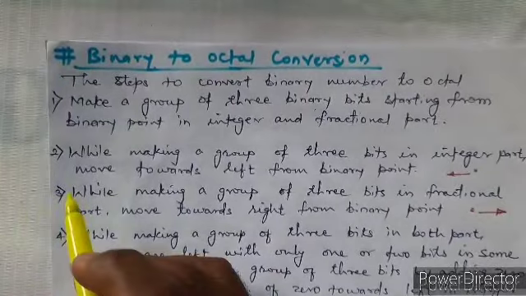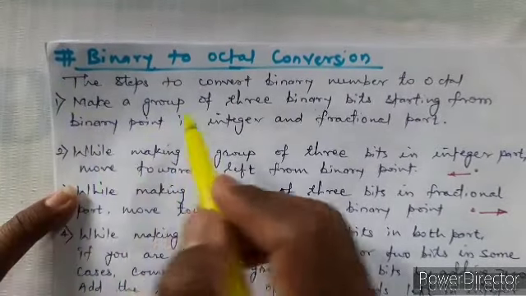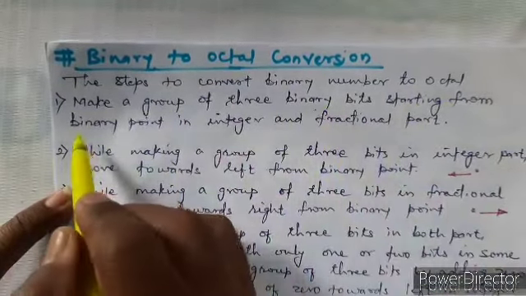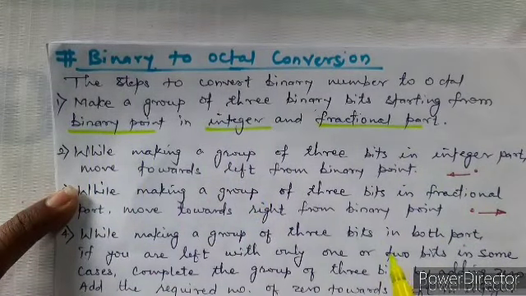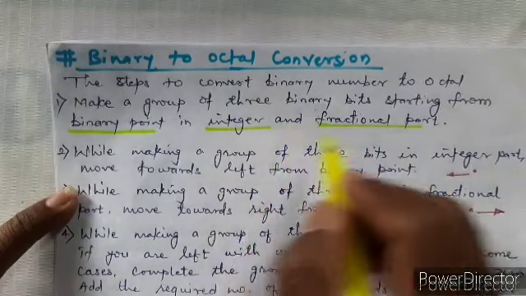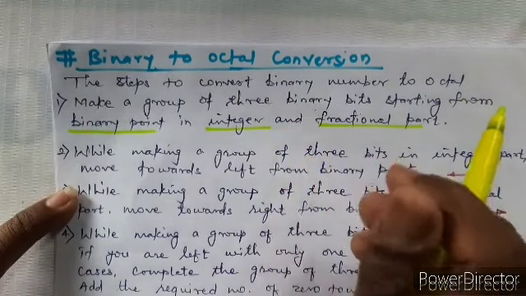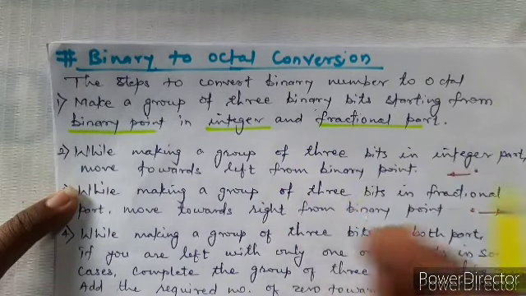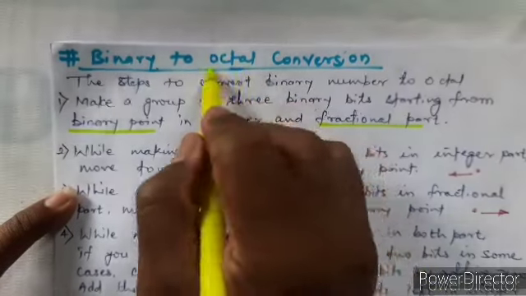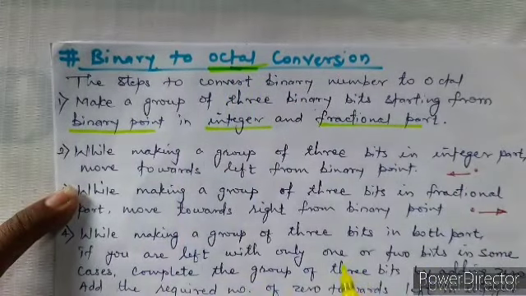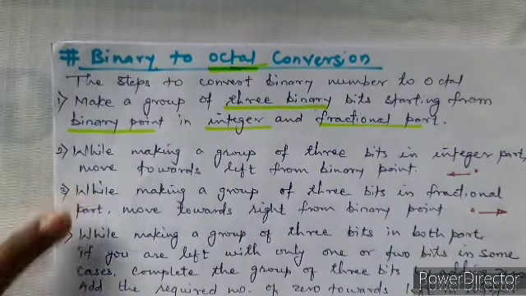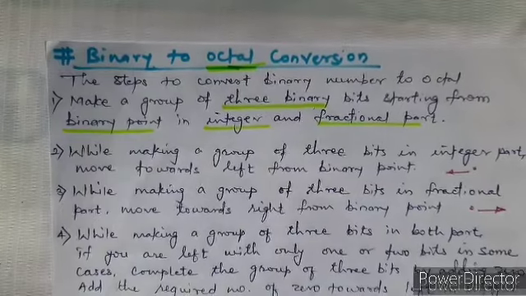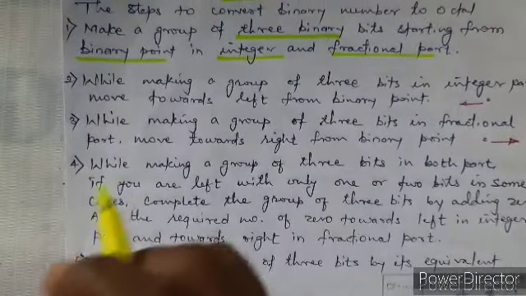First step is to make a group of 3 bits starting from the binary point in the integer and fractional part. Now if a binary number is given, you have to make a group of 3 bits. As far as an octal number is concerned, you have to make a group of 3 bits. Okay, I'll explain why 3 bits.